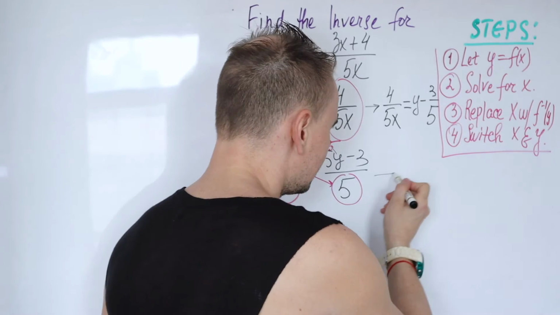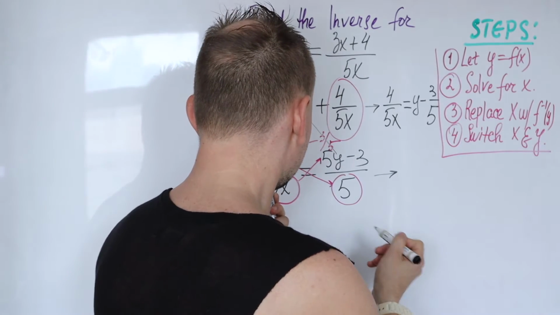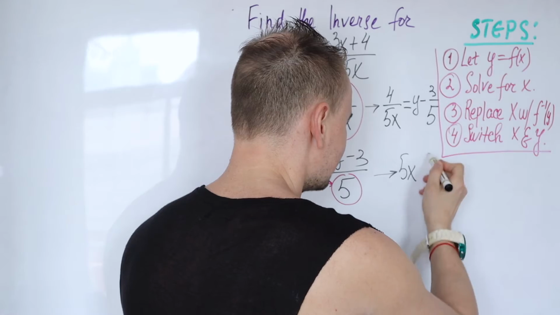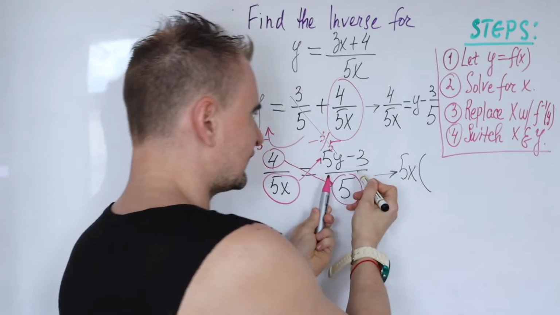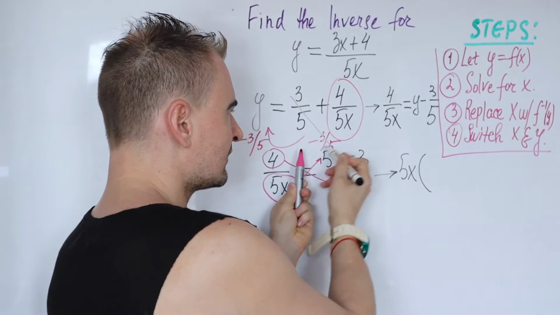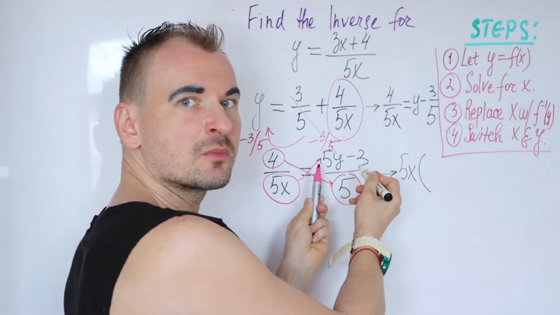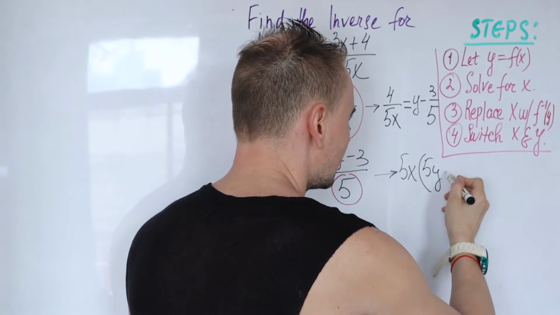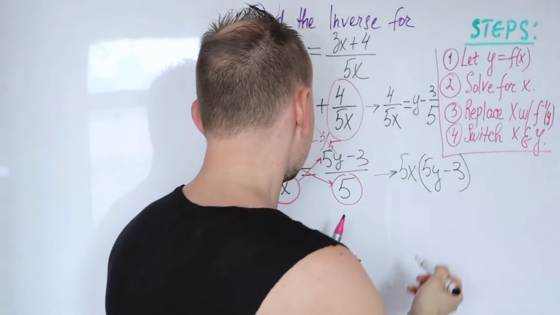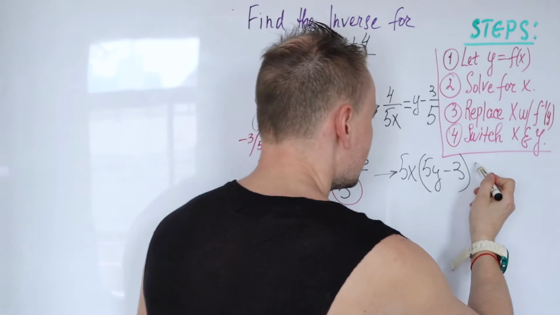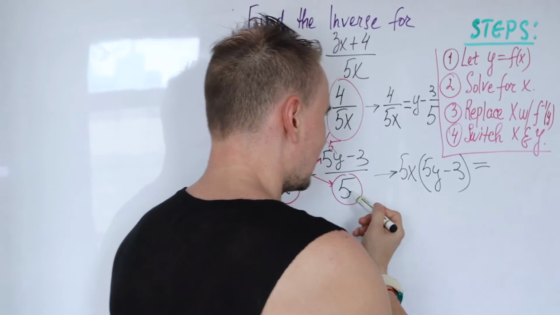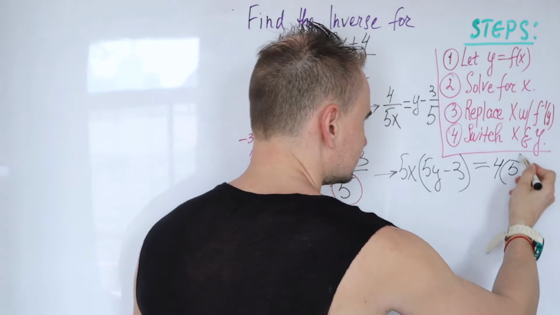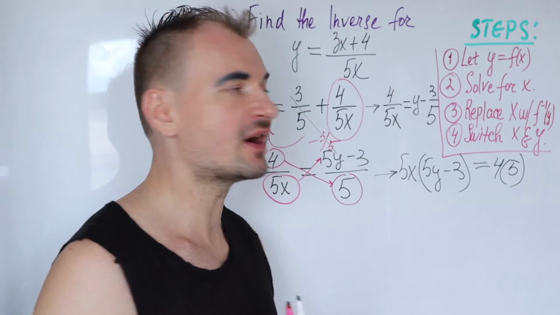So you would get 5x times, and make sure you draw the parentheses, so you want to include this term within the parentheses, 5y minus 3, equals 4 times 5. Keep going, keep simplifying.